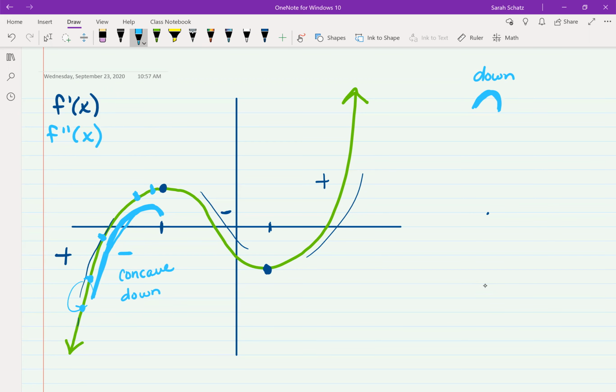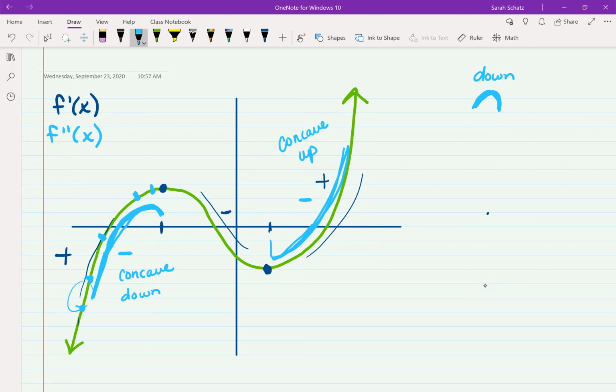So we have that. Let me show you another part on this graph where we are increasing still, but it has a different increasing shape. Look over here. This part of the graph is increasing. We know the first derivative is positive. The second derivative is also going to be positive here because this part has a shape that we call concave up.